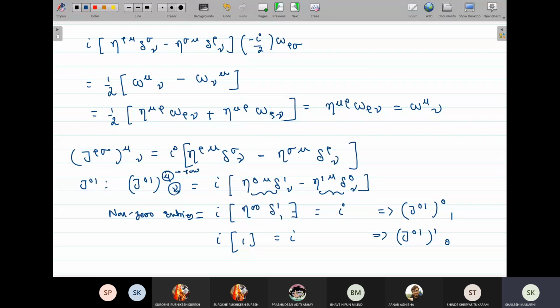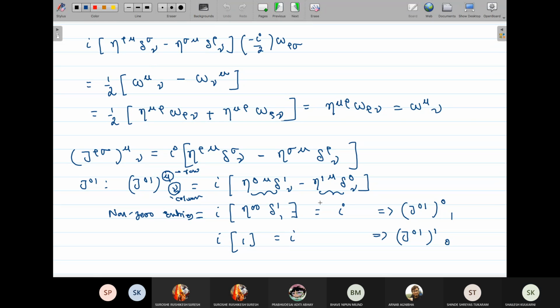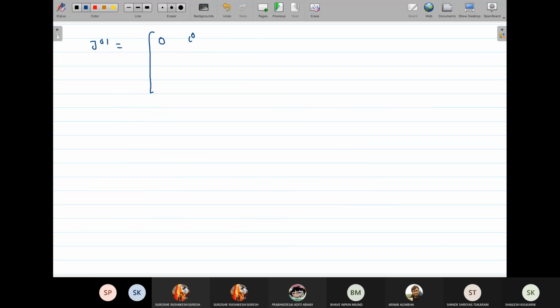So the 01 entry is i, rest of the entries are 0. The 10 entry is again i and the rest of the entries are 0, and the rest of the entries here also 0 and here also 0. Okay, so let us see what this transformation is.